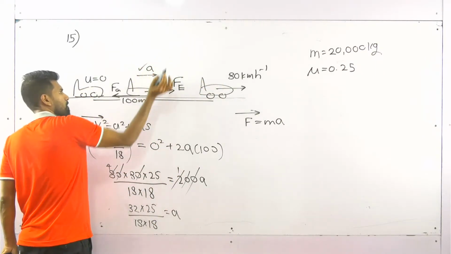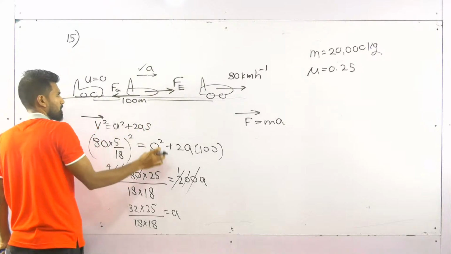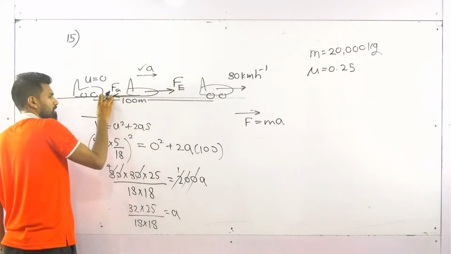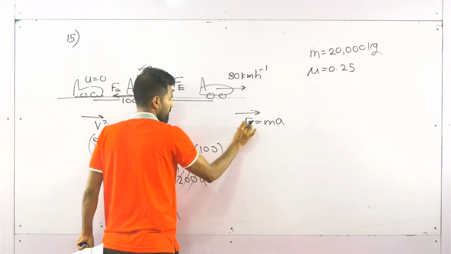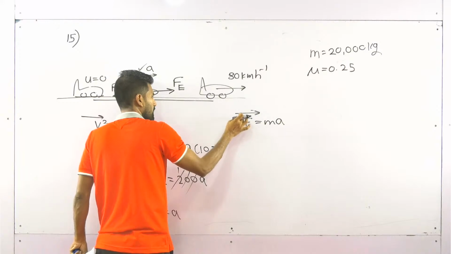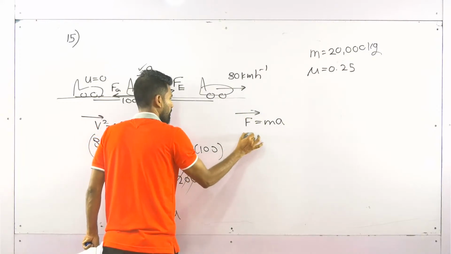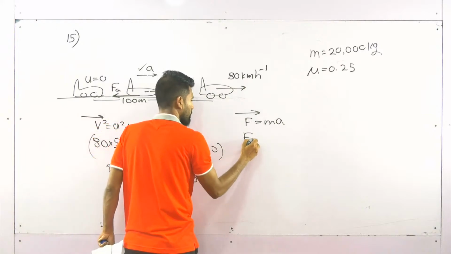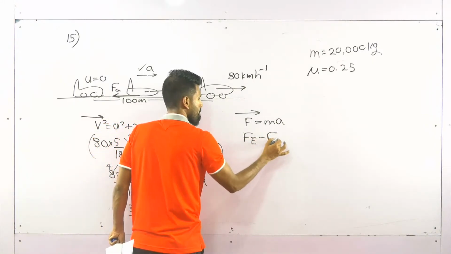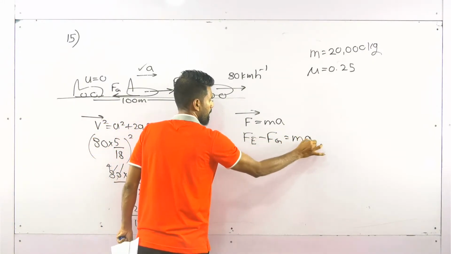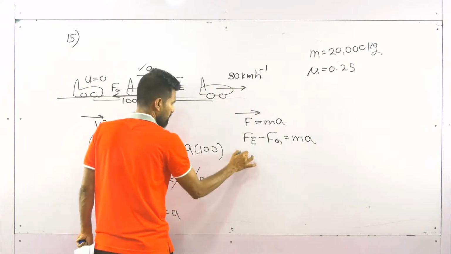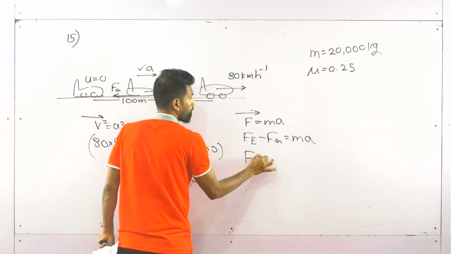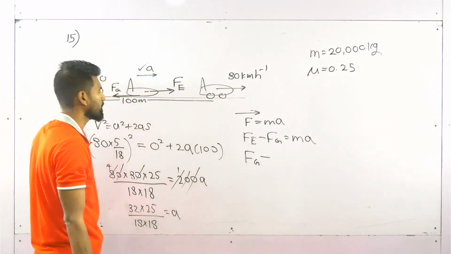Applying F equals ma horizontally, engine force minus friction is equal to ma. What is this F? F is the resultant force acting in the considered direction, which is engine force minus friction, equal to ma. What is the engine force? I don't know. And what is the friction?